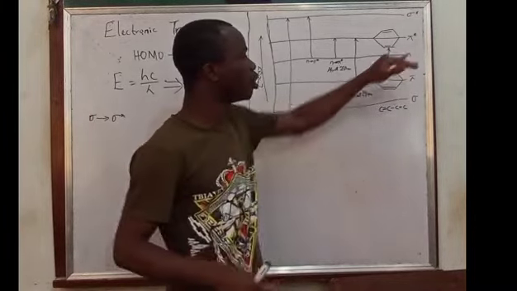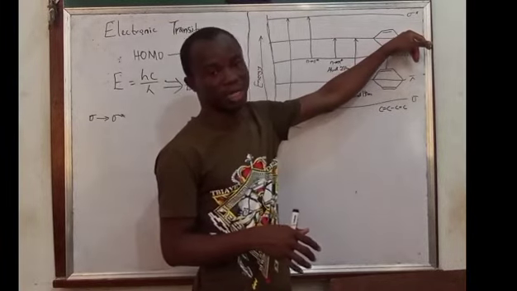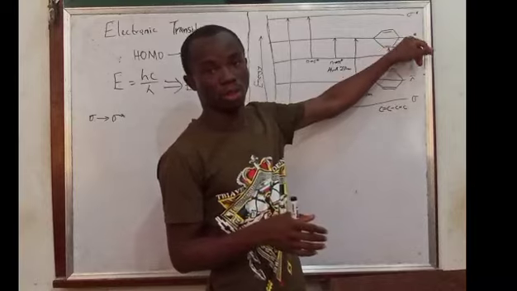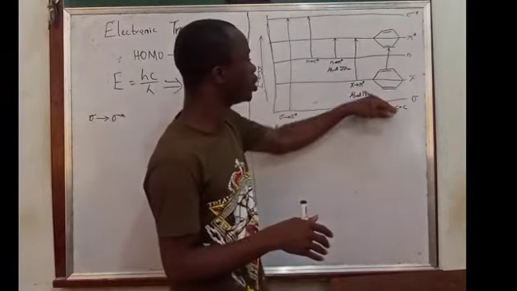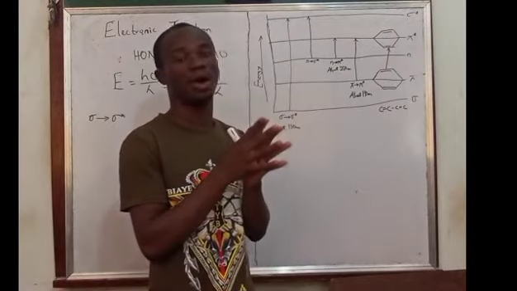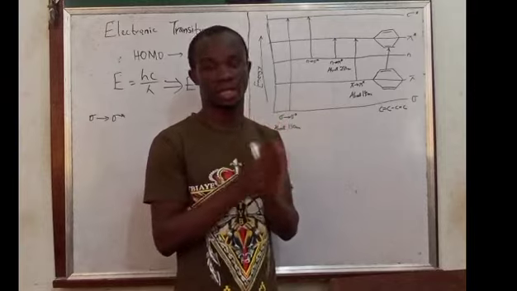Now after the non-bonding molecular orbital, we also have the pi antibonding molecular orbital, and the sigma antibonding molecular orbital. This arrangement is the order of their increasing energy, which also shows the order of their stability.